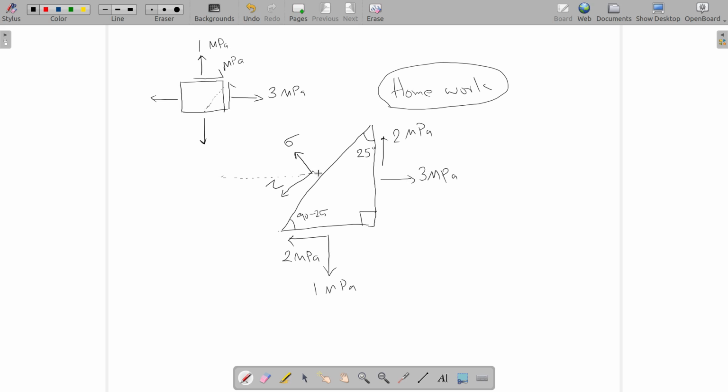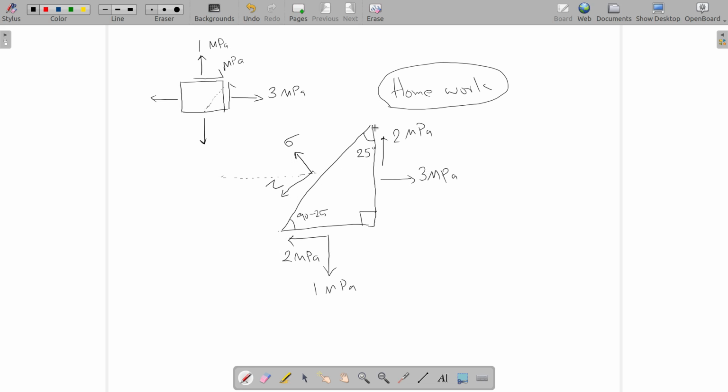So here this will be 25, right? This will be 25. In x direction this will be minus sigma cos 25 multiplied by this area. That should also be considered.